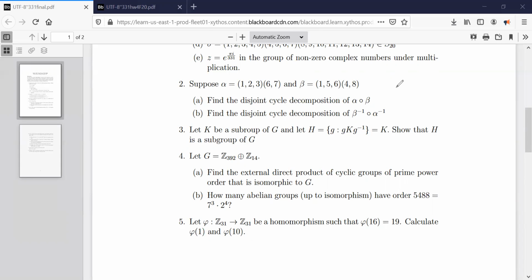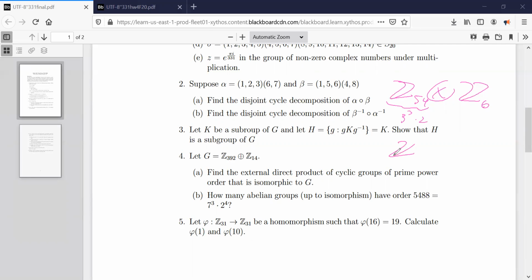If I were to give you Z54 cross Z6, what is the prime factorization of this? That's 3 cubed times 2.